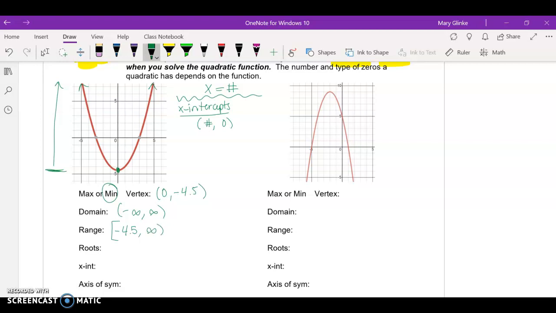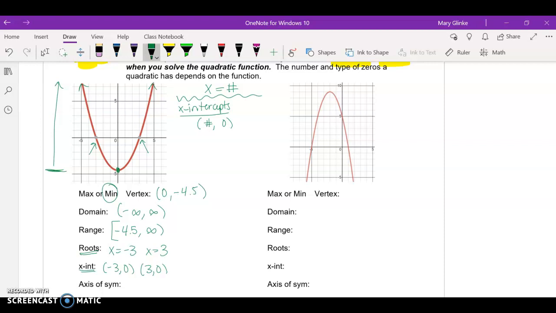And then it goes up forever, so positive infinity. Your roots and your x-intercepts should match. It's just that the x-intercepts are written as coordinate points, so negative 3, comma 0 and 3, comma 0. But the roots are going to be written as x equals negative 3 and x equals positive 3.